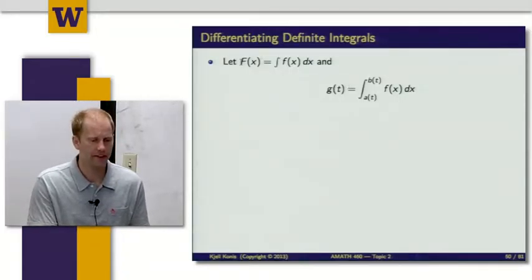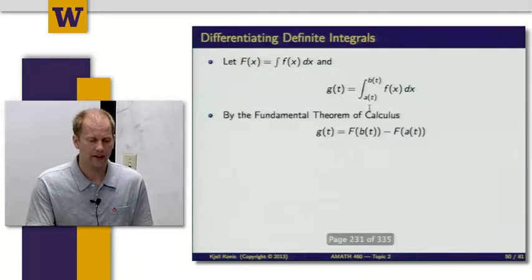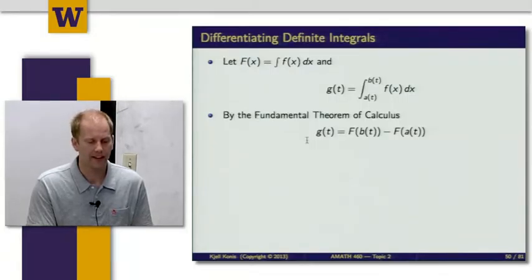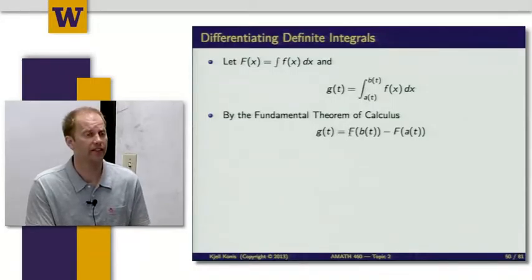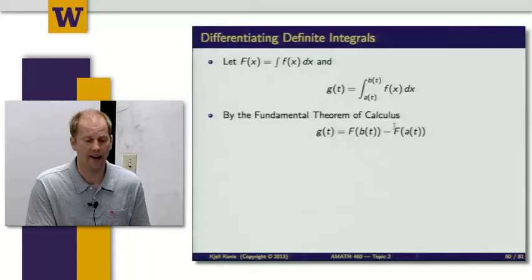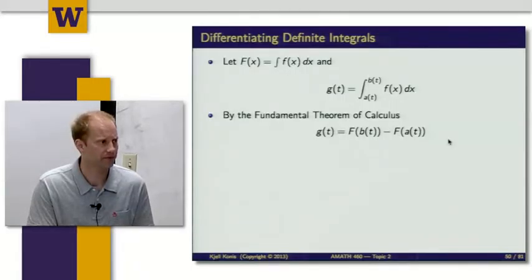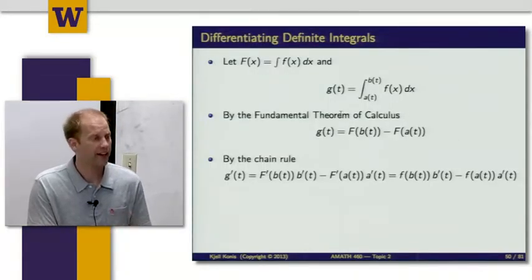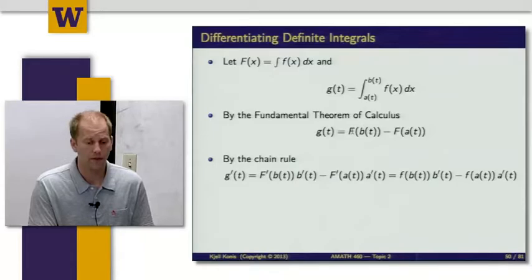If I wanted to just evaluate this integral, what I would do is find an antiderivative of my function, and then by the fundamental theorem of calculus, I could evaluate this integral. It's just going to be the antiderivative evaluated at the top endpoint minus the antiderivative evaluated at the bottom endpoint. Now if I take the derivative of this, all I have here is a function of a function, so I can use the chain rule.